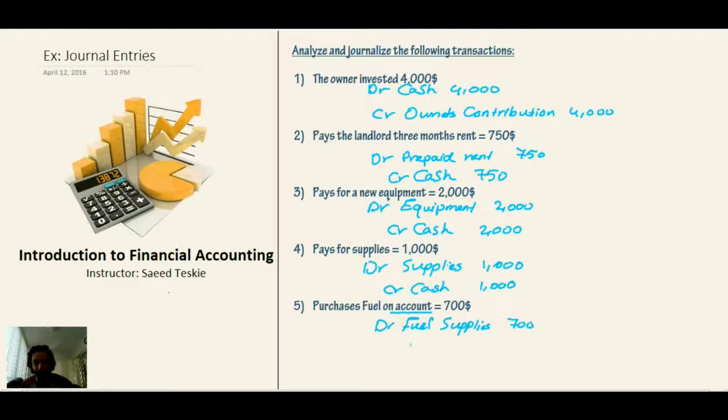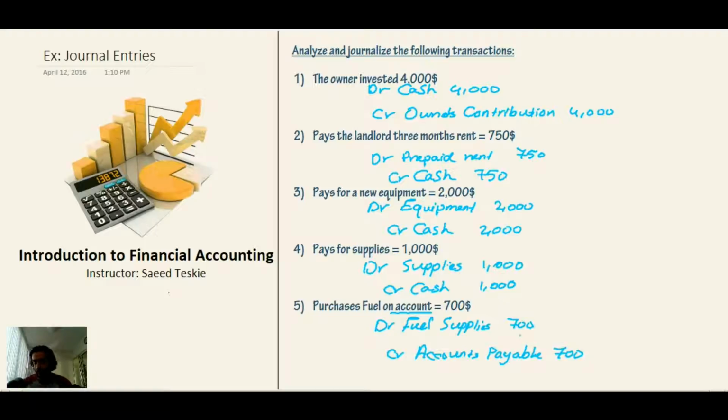If we paid in cash, we should credit cash, but if we didn't, we should credit accounts payable for the amount 700. Accounts payable is a liability account, and if you need to increase a liability, you should credit the account.